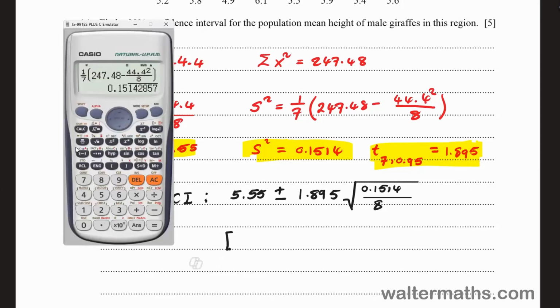All right, let's start with 5.55 minus 1.895 times the square root of 0.1514 over 8. Let's just put in the value.